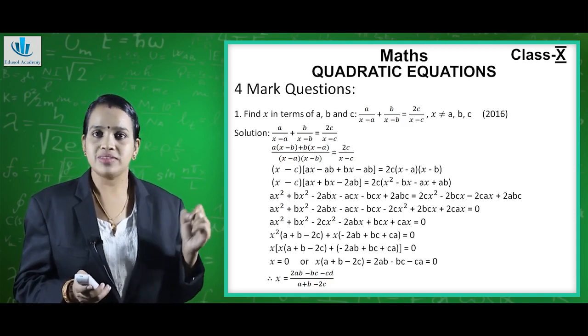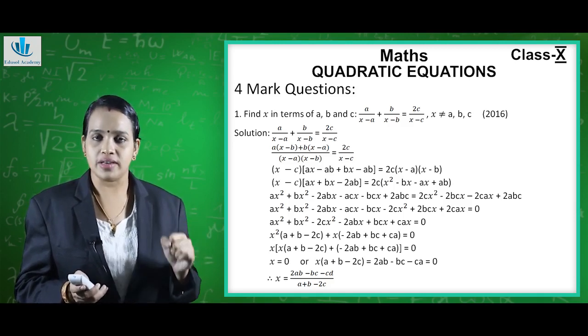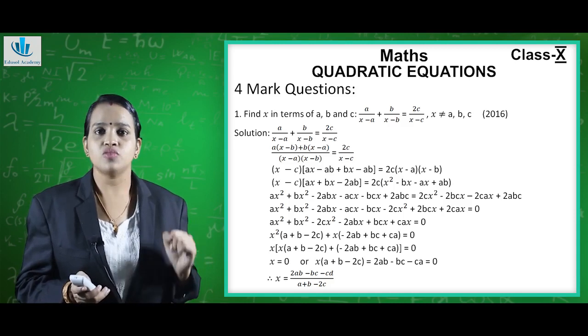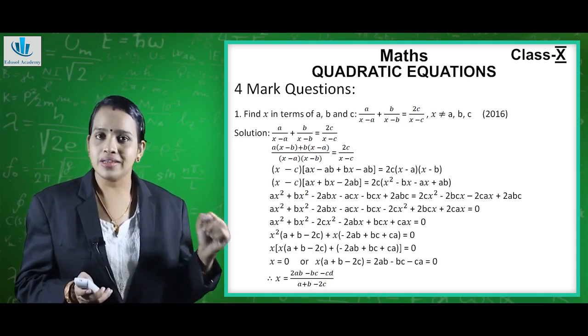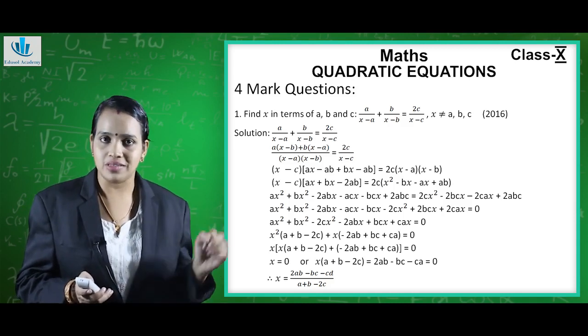Similarly we have to multiply with c also, so minus c into ax gives minus acx, minus c into bx gives minus bcx, minus c into minus 2ab gives plus 2abc.